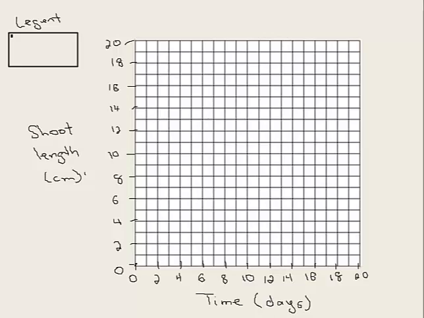And I will make my red dots and my red line my control group. And let me make my green line my test. Oh, I don't want to say test, actually. Let's put sunlight.